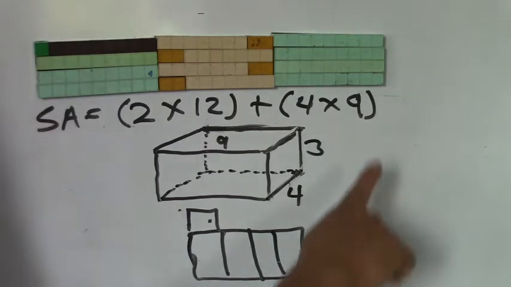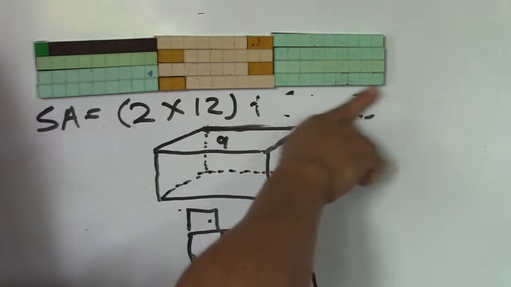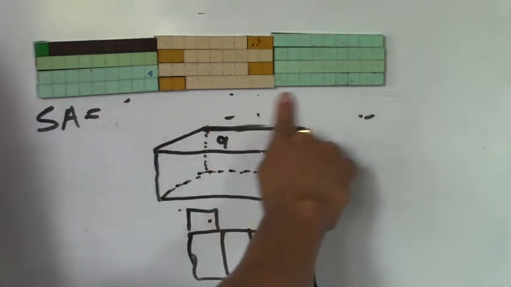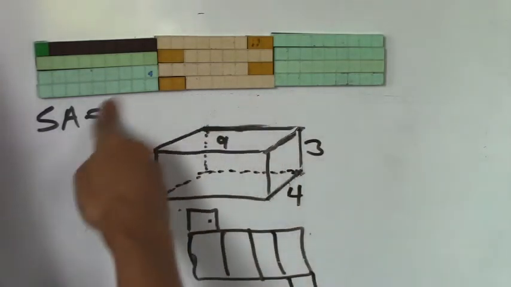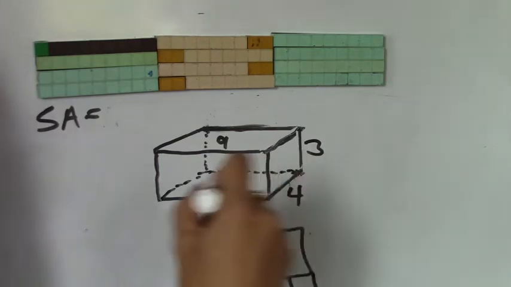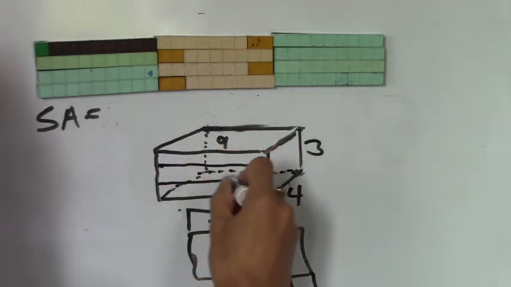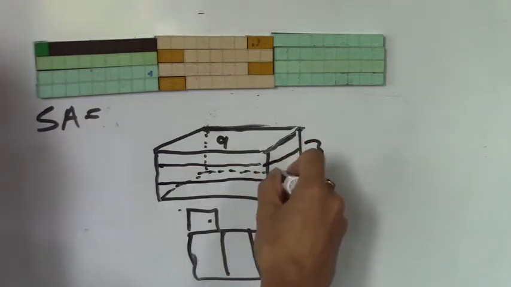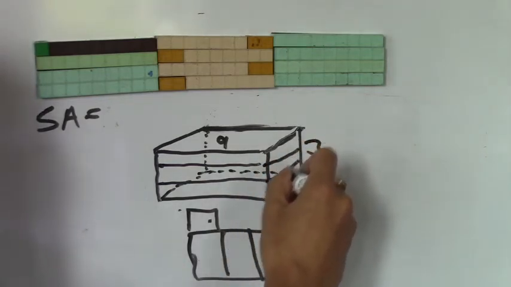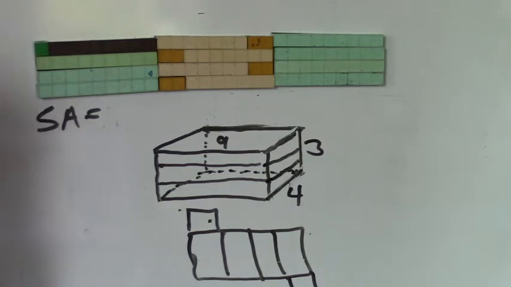So we have to change this. We have to be careful with our counting, because we only have 3 layers on yours. 1, 2, 3. Alright, so now let's count it again.